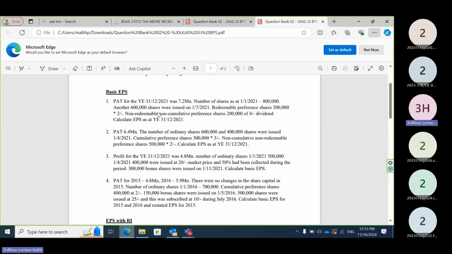Basically, we calculate for one share, for the equity holder or shareholder, what value is being generated for one share. So that's the basic logic, right?